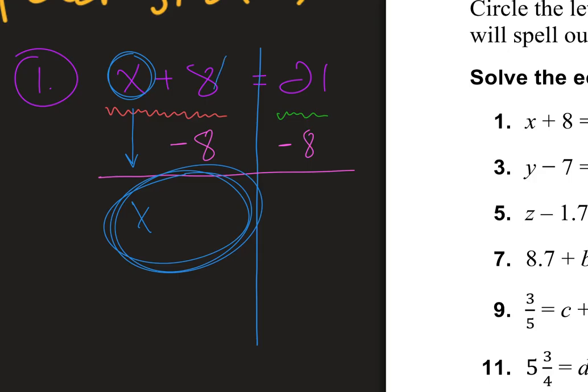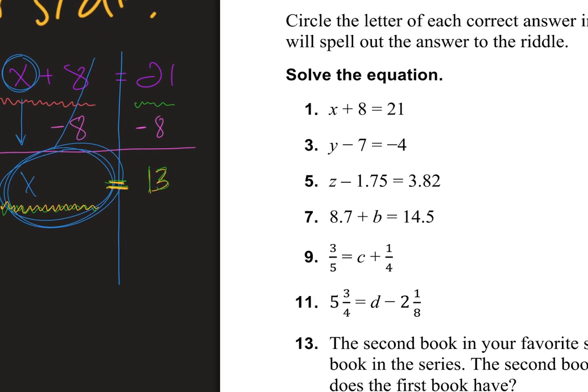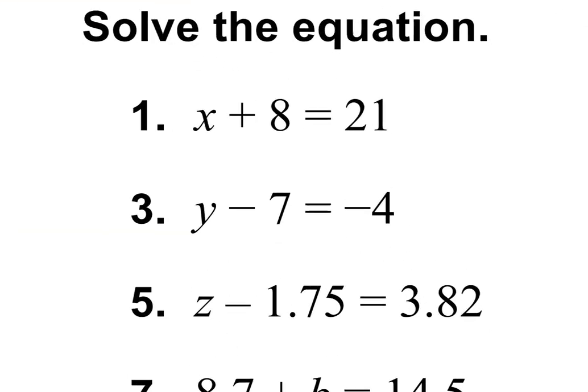No, because if I subtract that 8 from this side, he's now gone. And then when I do 21 minus 8, this is now 13. And notice that the X is over here all by himself. That must mean that this X is equal to 13.